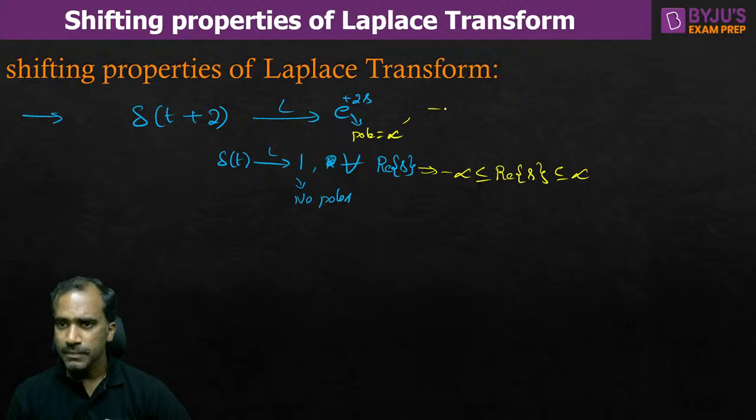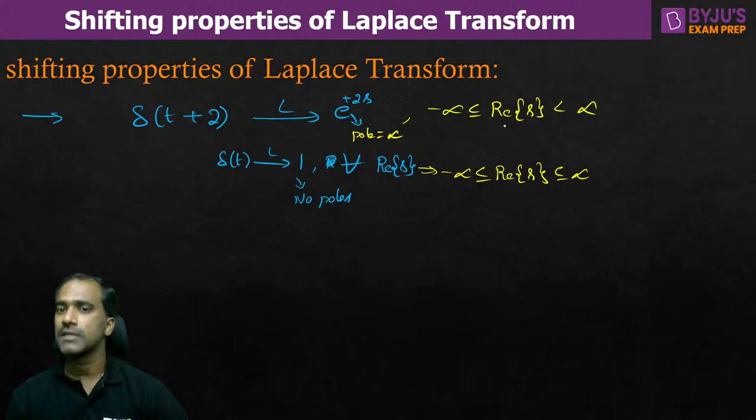Let's remove this infinity. We'll write it as minus infinity less than or equal to the real part of s less than infinity. I am removing this infinity here. See this one, equal to is there, equal to is not there here. So I'm removing this pole because this pole should never be part of the ROC. Since the pole is infinity here, it should not be part of the ROC of this signal.